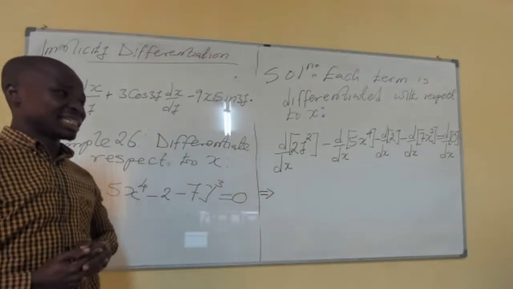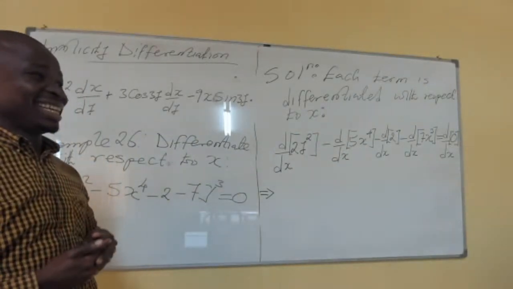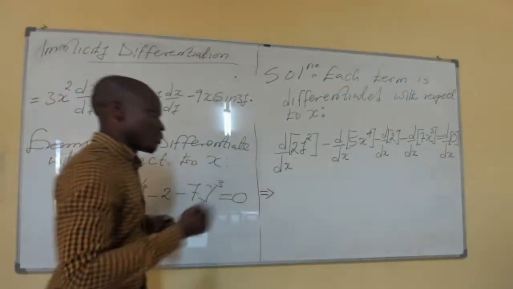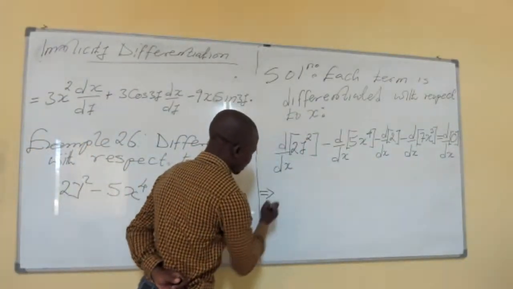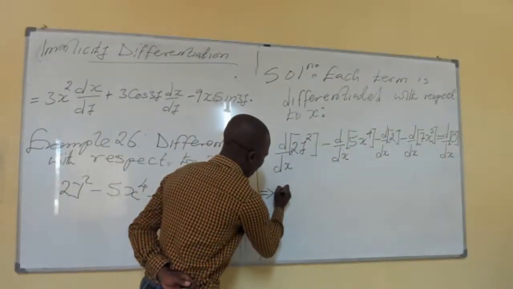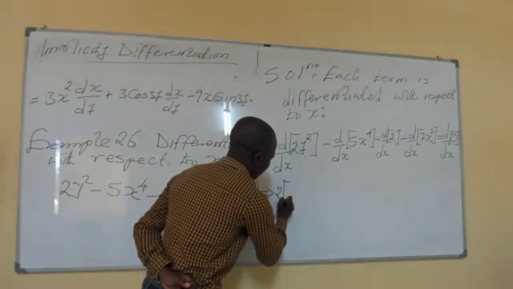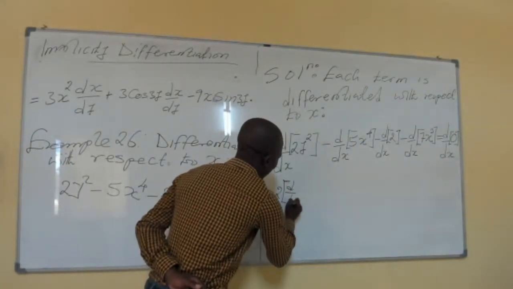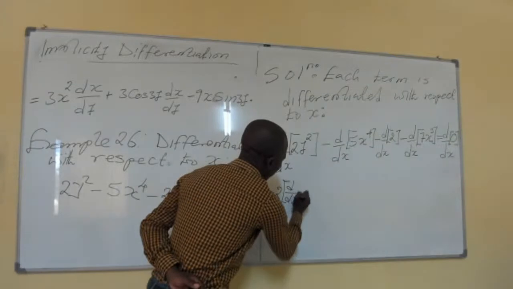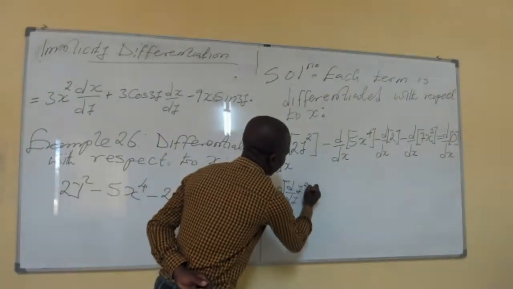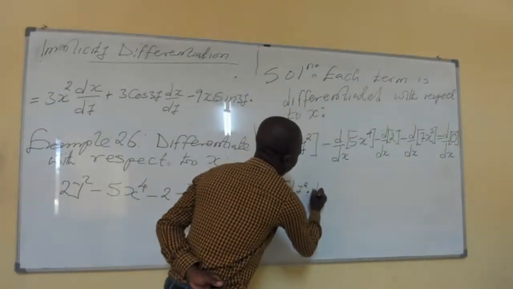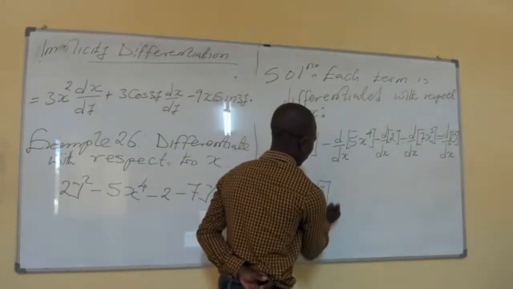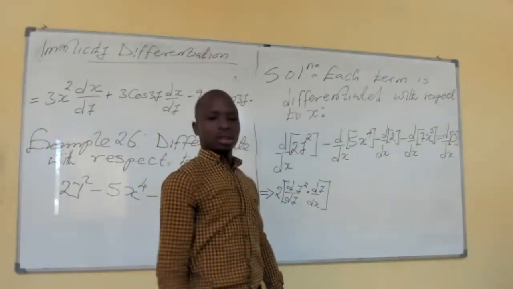I don't know if I should start again, going slowly explaining each and every part. I don't think so, but either way. Applying implicit differentiation here, we have 2, we can just push it outside, then we get the derivative with respect to y of y squared multiplied by the derivative with respect to x of y.